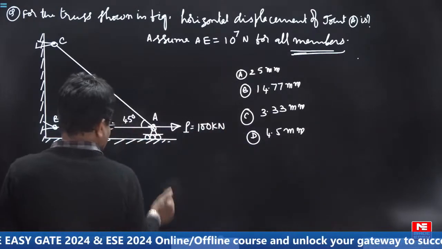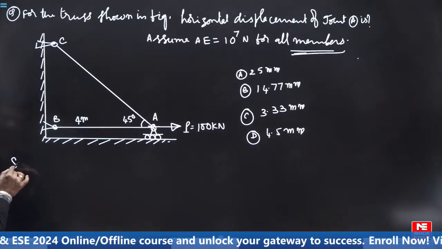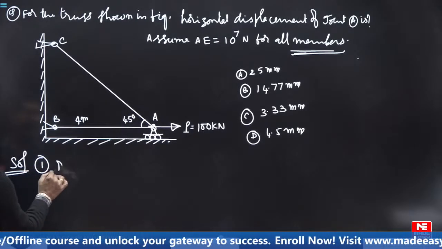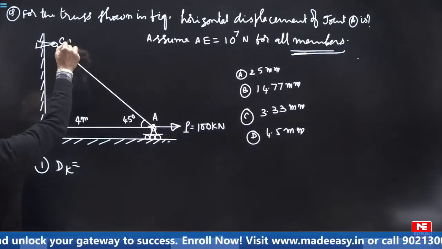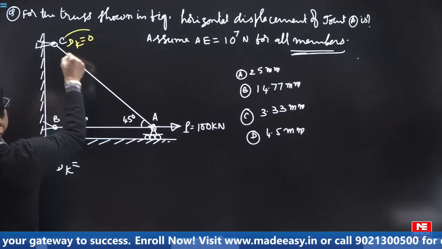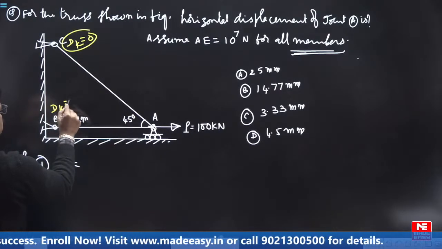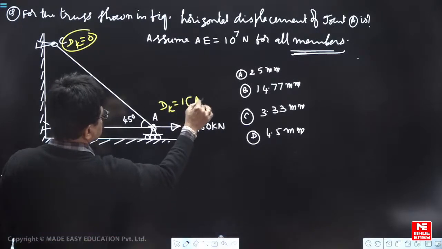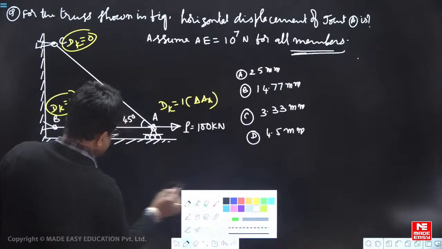So for that you require, first, the Dk, which is only 1. First point is kinematic indeterminacy. See here at this point Dk is 0 because it is a truss element, rotations we will not count. Here Dk is only 1, displacement of A in x direction. So Dk is 1 degree.